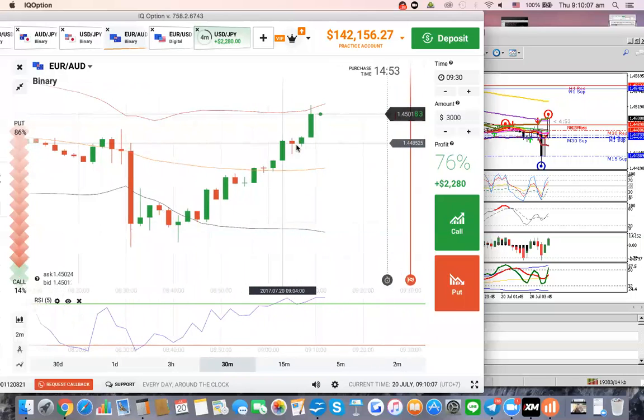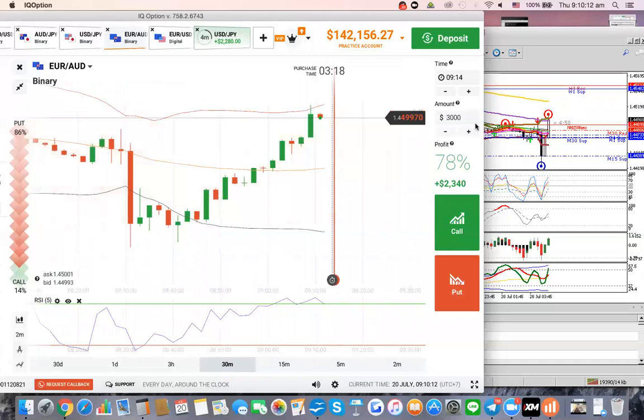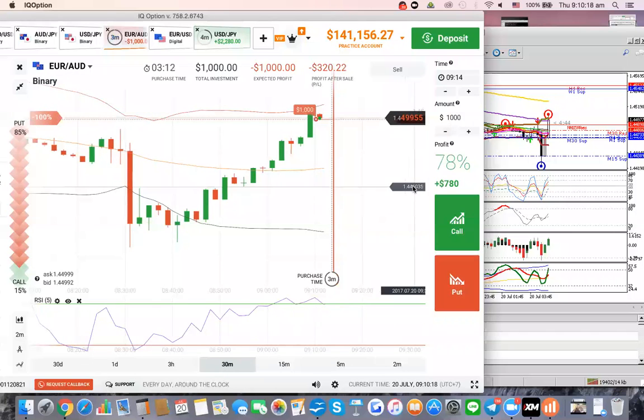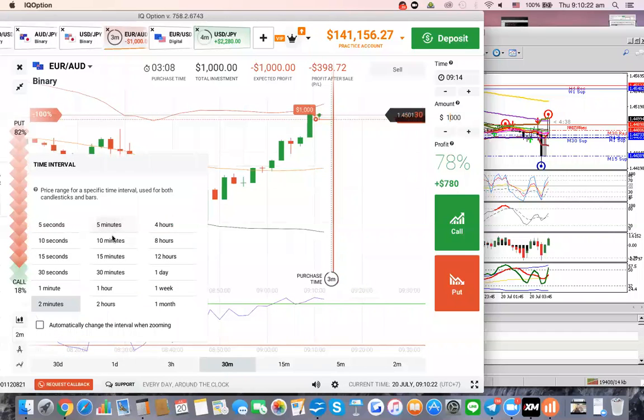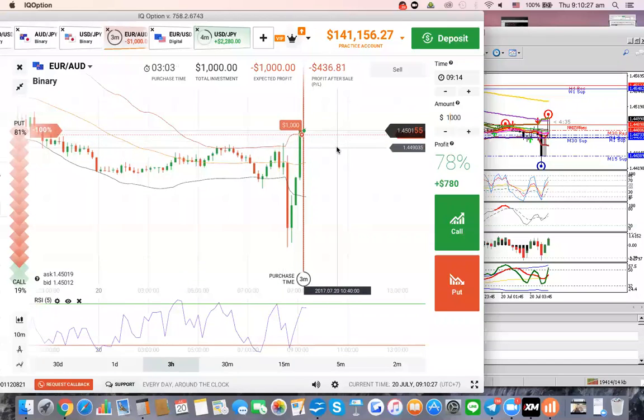Maybe we can do a shorter one. Let's try a 4 minutes first, okay? Let's try a 4 minutes trade, smaller amount. And then we'll simultaneously also do a higher time frame one. Yeah, this has potential.